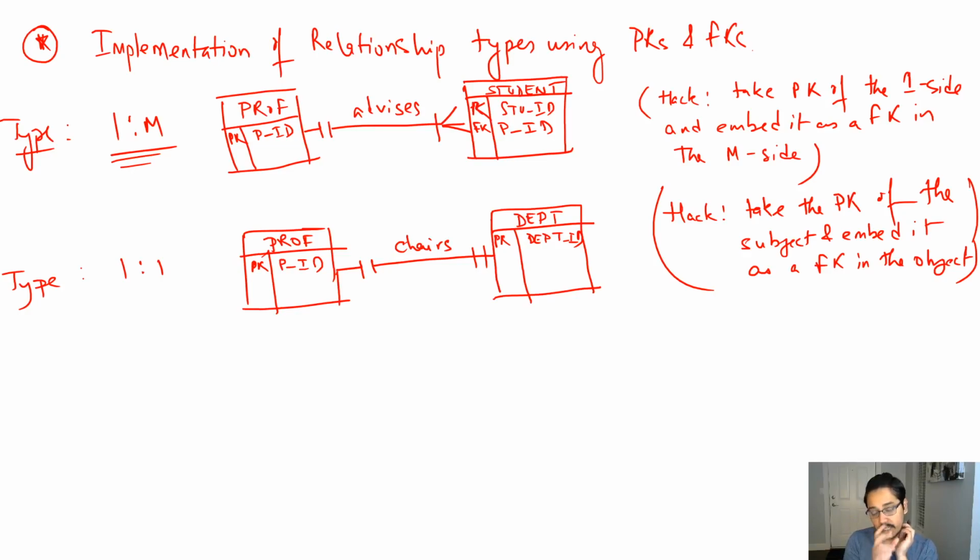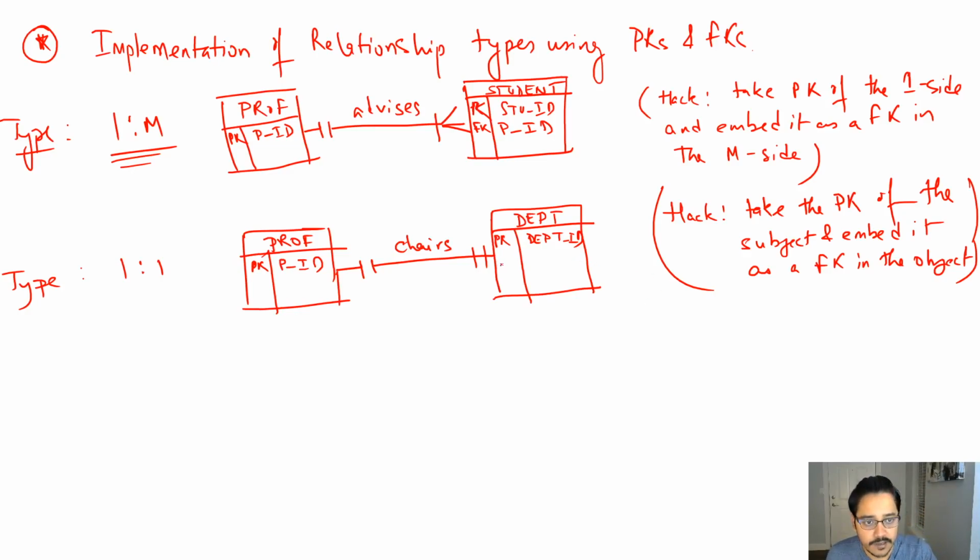If you read your textbook regarding the implementation, you will find 3 or 4 different criteria which are expressing different kinds of conceptualized behaviors of how to find which primary key to embed where as a foreign key, right? But it all boils down to the fact that if you identify which is your driver entity, which entity is driving the relationship, then you take the primary key of that entity and then you embed it as a foreign key in the other entity.